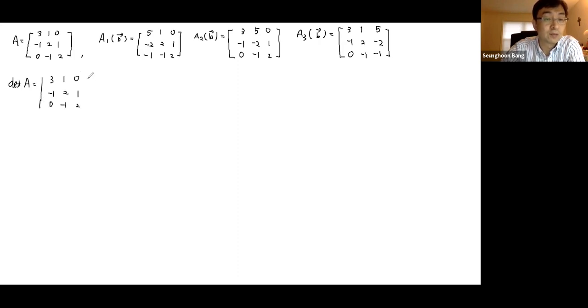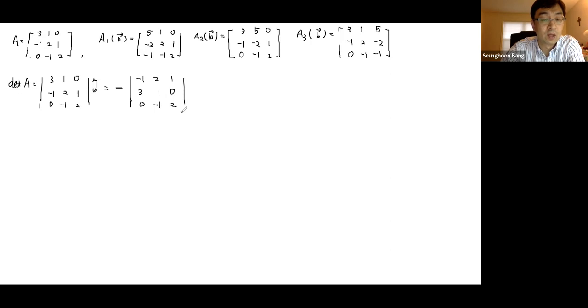Let me see. I will interchange the first and second rows, keeping the negative: -1, 2, 1, then 3, 1, 0, and 0, -1, 2.